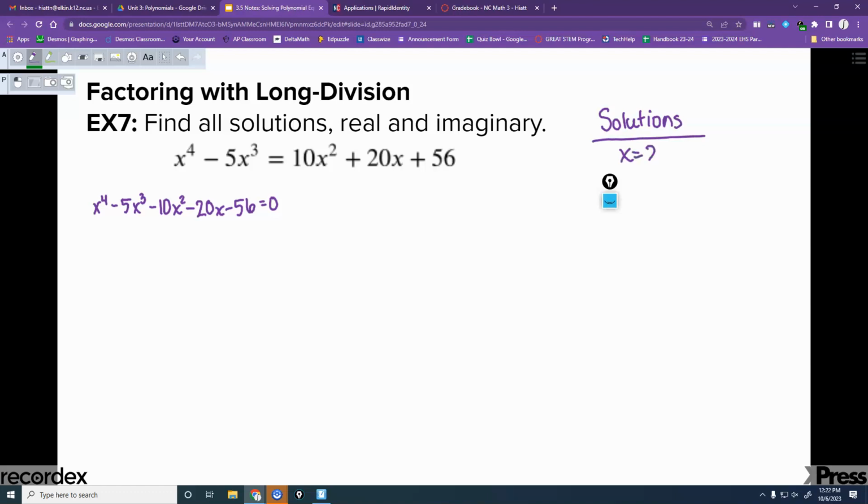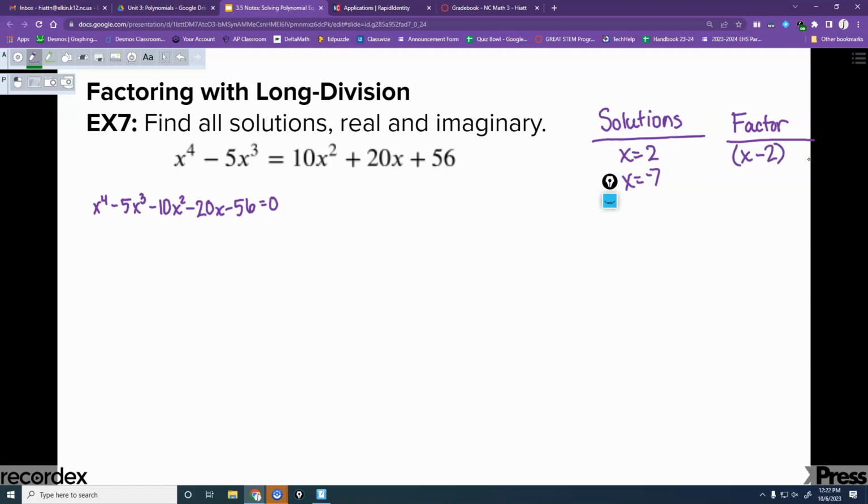So x equals 2, x equals -7. Now, if x equals 2 is a solution, what's one of the factors? Like if we think about what we were doing in the last section. If I'm factoring this out, what's one of the factors? X minus 2, right? Opposite sign.